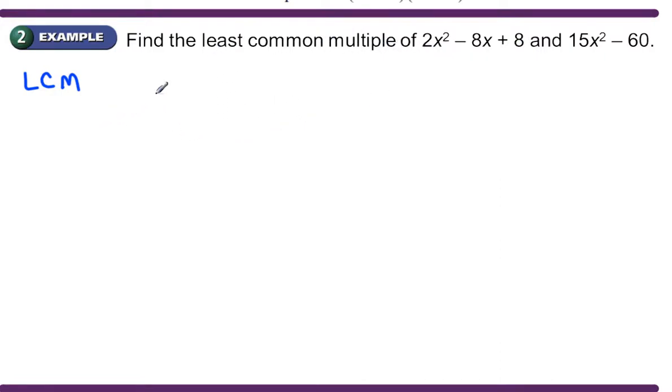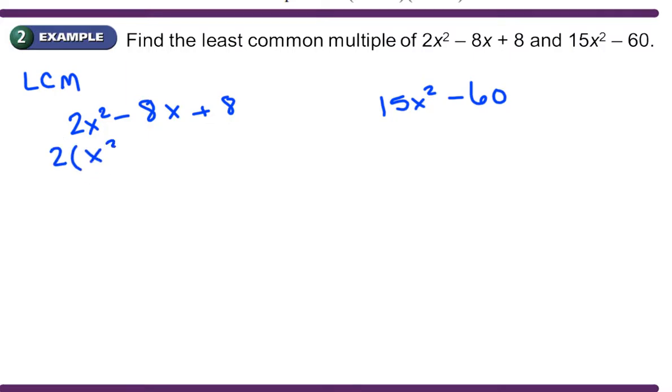Okay, so step one is to factor down our expressions. So we've got 2x squared minus 8x plus 8. And we also have 15x squared minus 60. Okay, so over here, 2, 8, 8. So I know I've got a 2 that I can factor out. And we're left with x squared minus 4x plus 4.